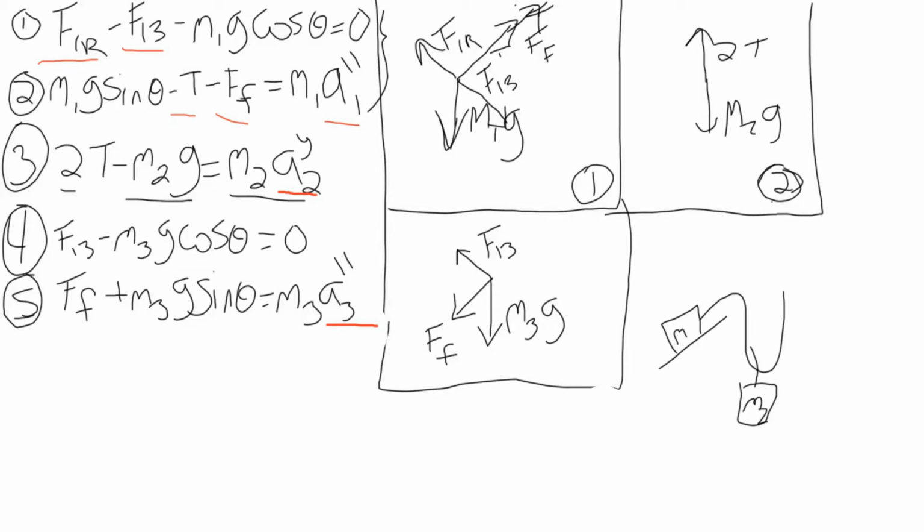If m2 goes up an amount delta x, that means that the string segment here got shorter an amount delta x, and also here by an amount delta x, such that both sides of the string pulled up mass 2 an amount delta x, which means that m1 went down an amount 2 delta x. So for every meter that m2 goes up, m1 goes down 2 meters, which means that if m2 has an acceleration of a2, m1 has an acceleration of twice that.